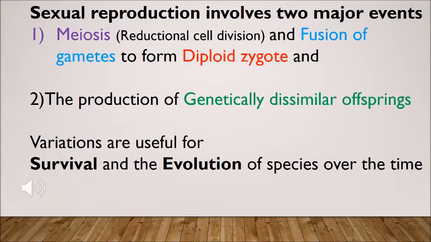They won't be just clones. The variations are very much essential because they are useful for survival. Because of the variations, they will be able to adapt themselves to the environment, and for evolution of the species over time.